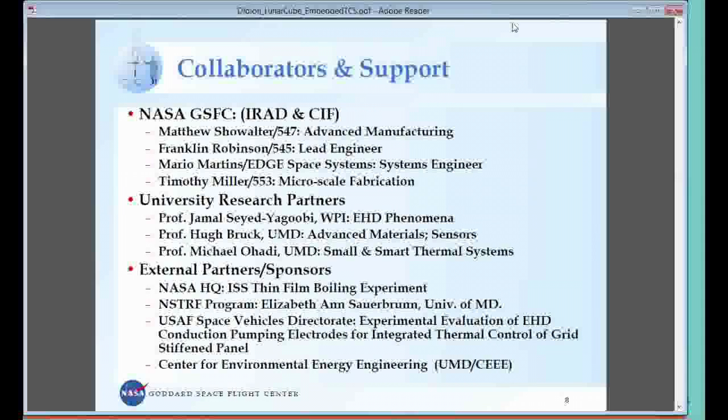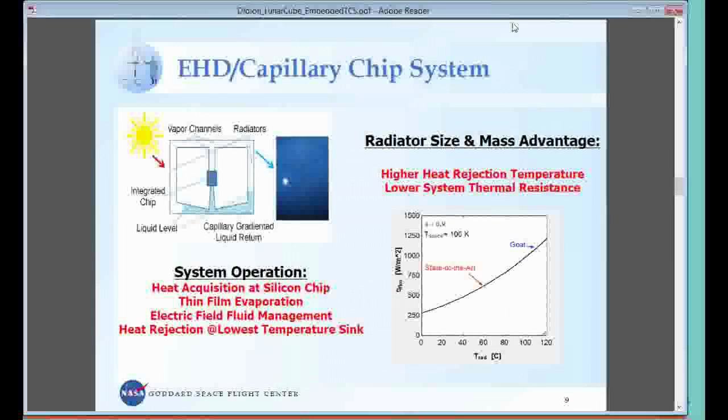So what are we doing? This is a component, this EHD component, EHD capillary chip system. This is silicon. So we're doing this on a 1 square centimeter chip. Basically what we're looking at is acquiring heat at high temperature. We're using thin film evaporation, very high heat transfer mechanism.